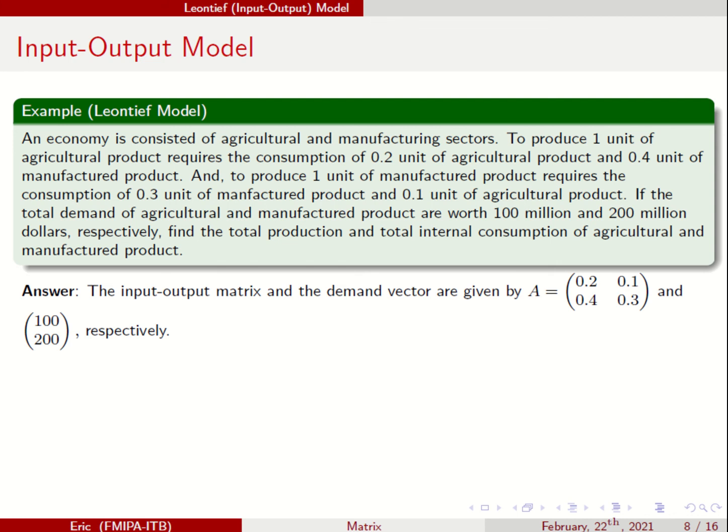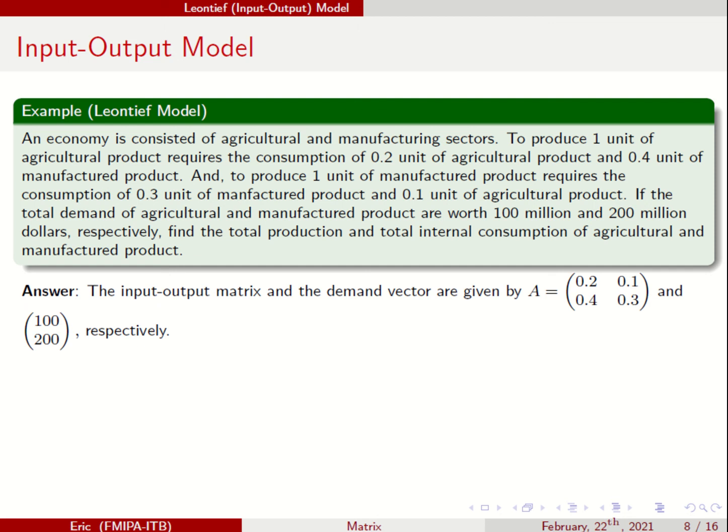Okay. So the input-output matrix and the demand vector are given by A. Don't forget you have to determine first the order. Agriculture, manufactured. Okay. So this is AA, this is AM, this is MA, this is MM.